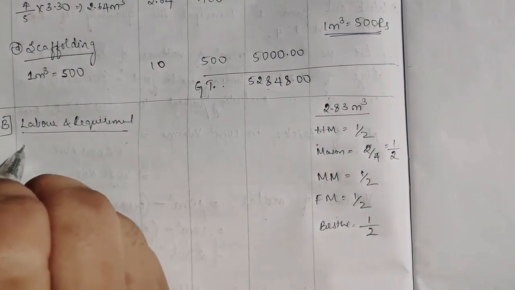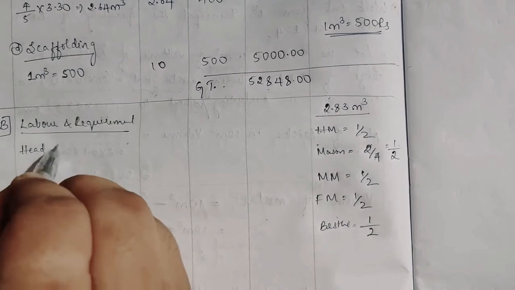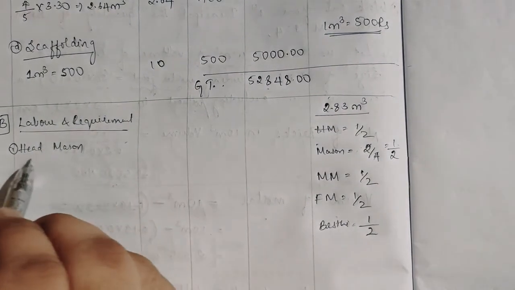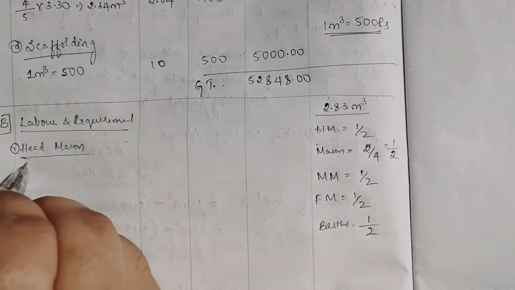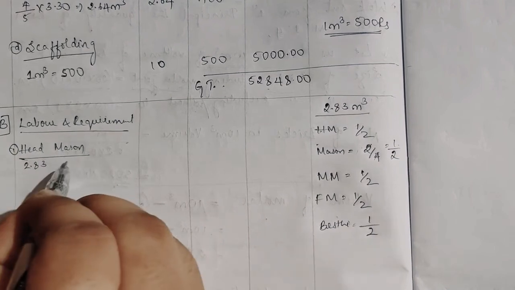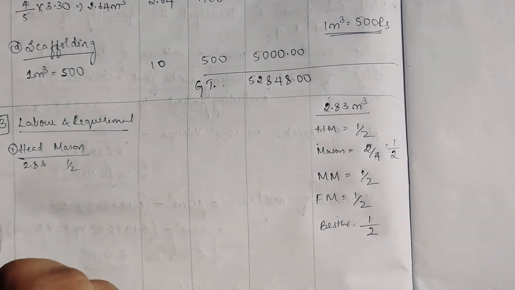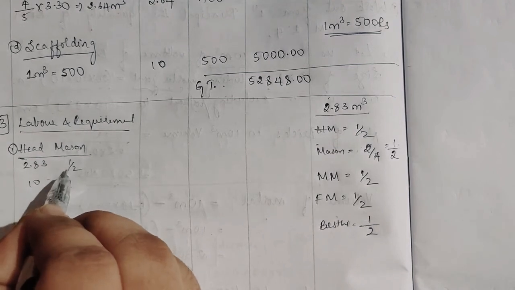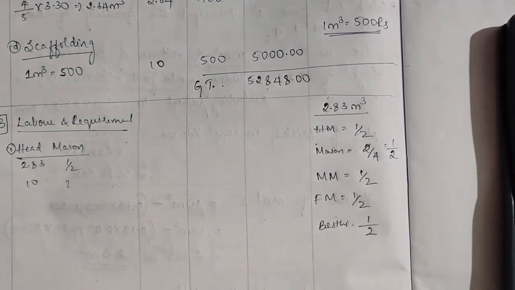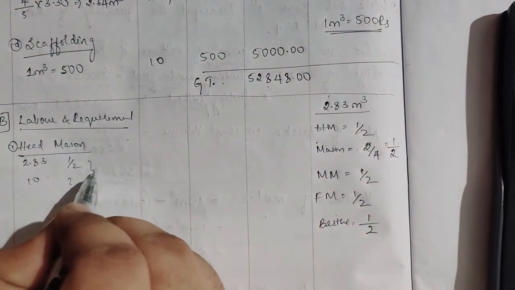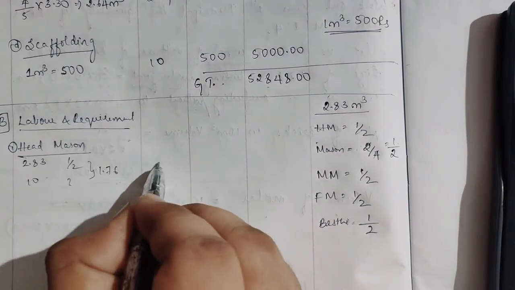So I'll go one by one. First one is head mason. For head mason, for 2.83 meter cube of work we are assuming half. So for 10, how much? 10 into half, 0.5. 5 into 2.83, it will come around 1.76.